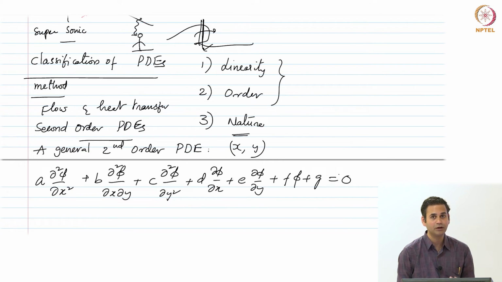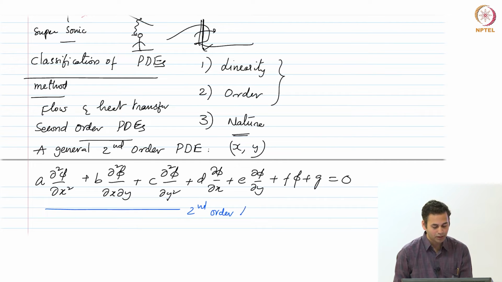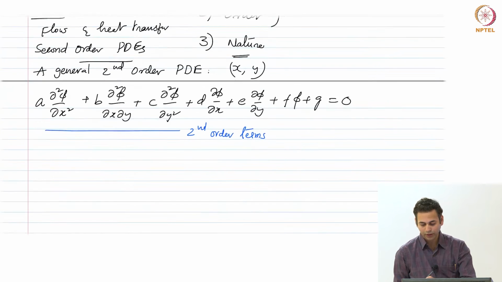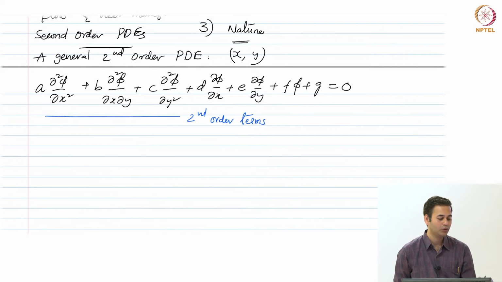Of course, the classification method, or the type of the equation, depends on the highest derivatives of a PDE. As a result, we are going to look at the highest derivatives, that is, the second order derivatives that we have. We are going to look at these second order terms in order to classify this particular equation. Then what we do here is look for simple wave-like solutions.